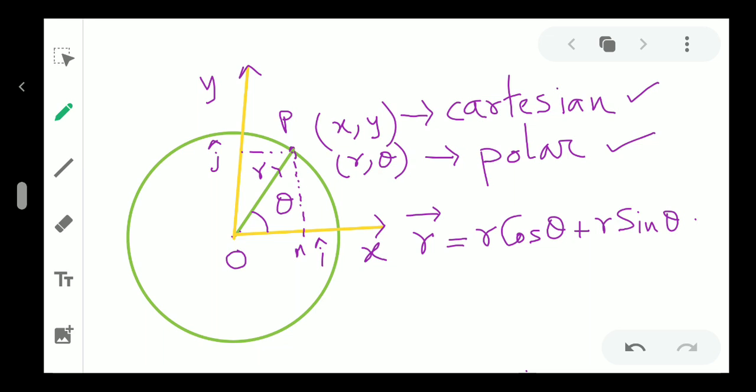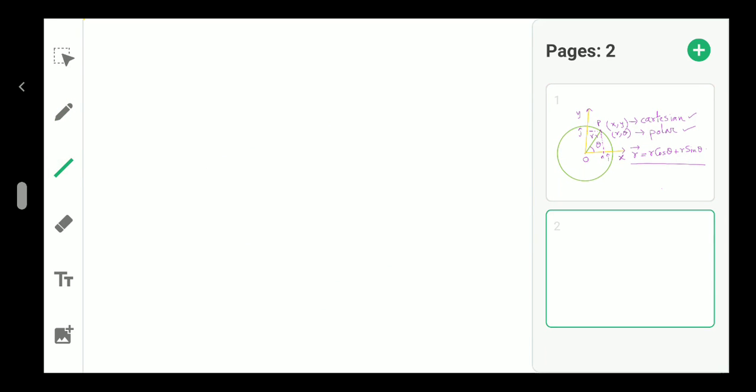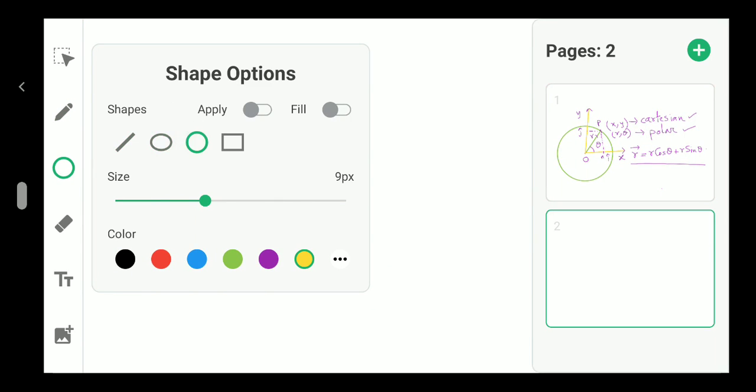So this is what we can do when we take the origin at point O. Okay, so we can express r using these things. Now what we are going to do in the next page, we are going to shift our origin.